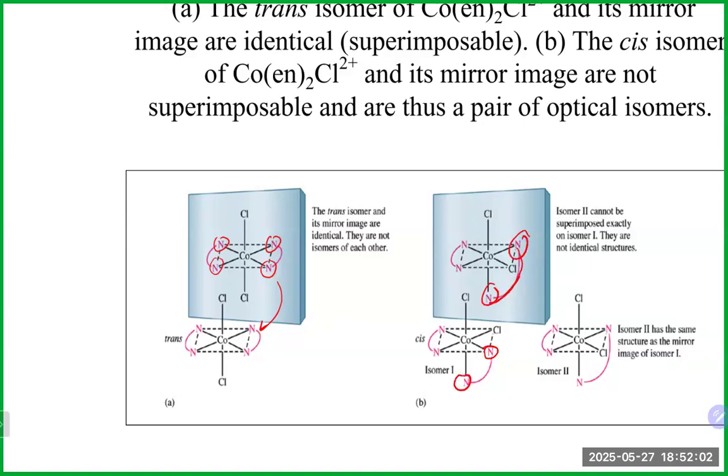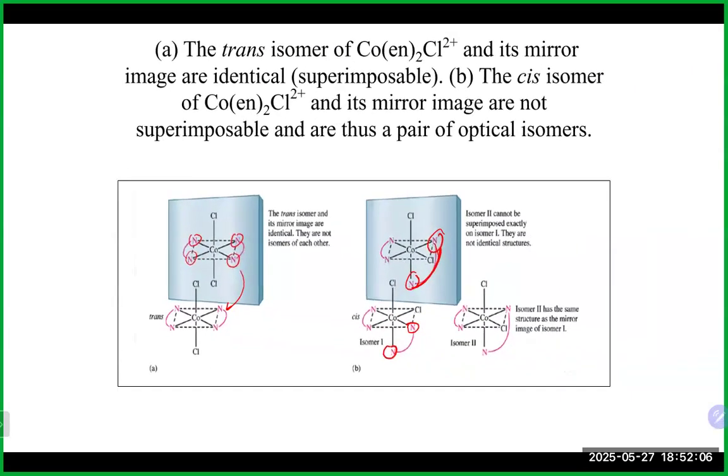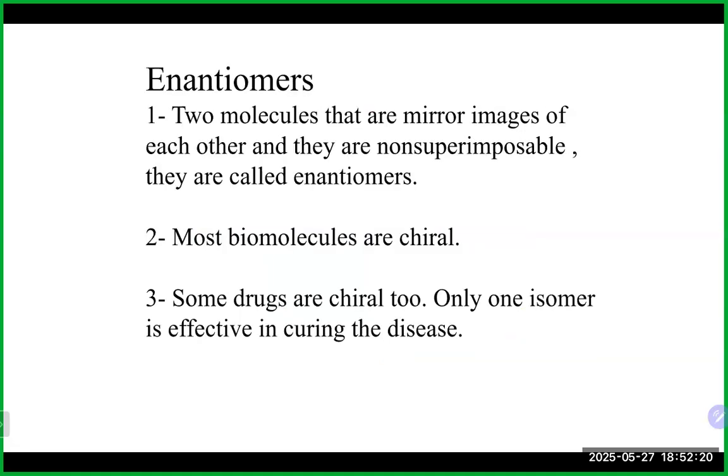And again, that is going to be the trouble here and not going to let it do that. So a lot of times trans guys will be okay. They'll have mirror images that can be superimposed. It's those cis isomers that will always get that opposite bond as it goes into the mirror image. Now, enantiomers are 2 molecules that are mirror images of each other that are non-superimposable.